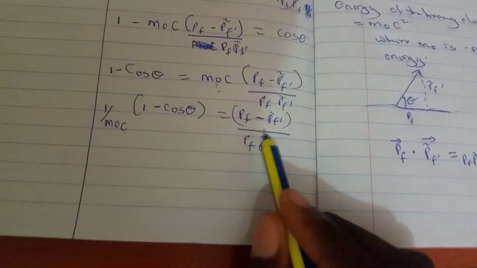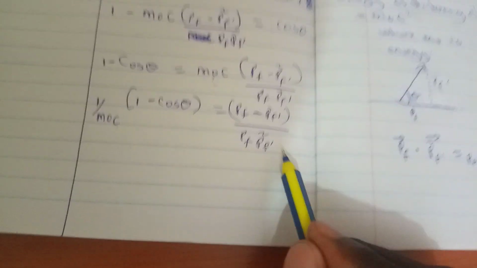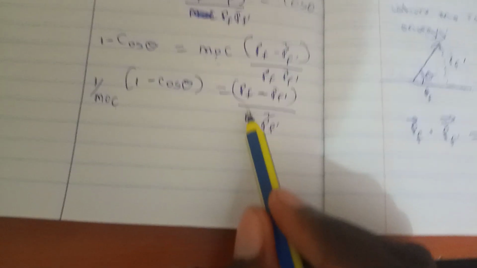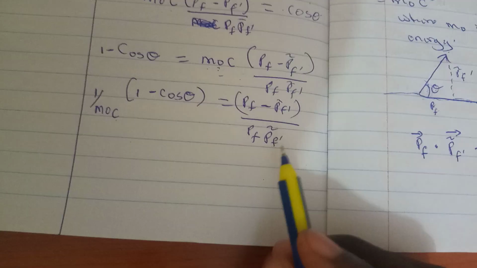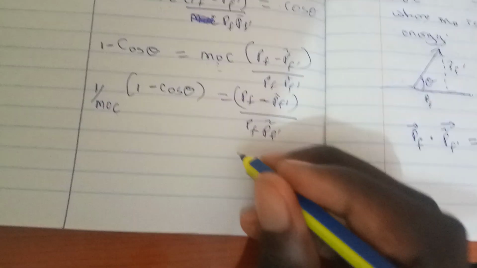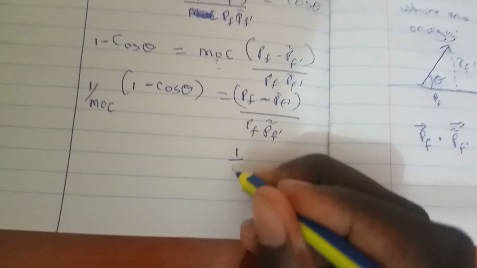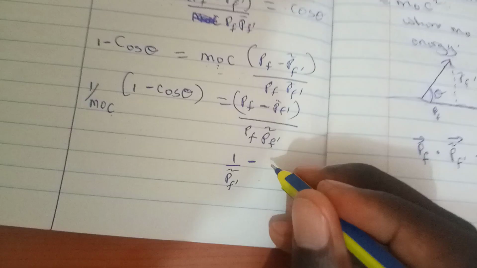All right, now if you check this equation, this number here, you can see that it was a fraction which was subtracted. Let us say this now requires calculation, a mathematical concept. We have 1 over pf prime minus 1 over pf.